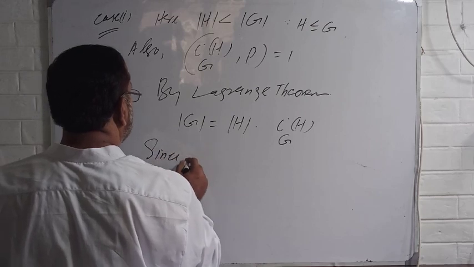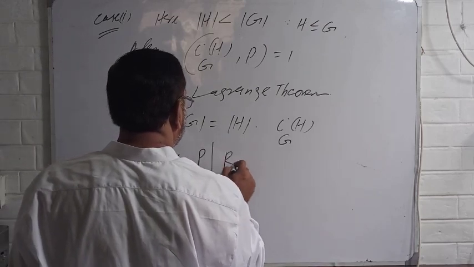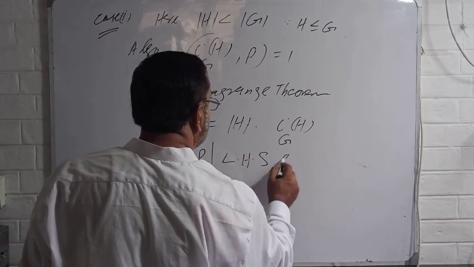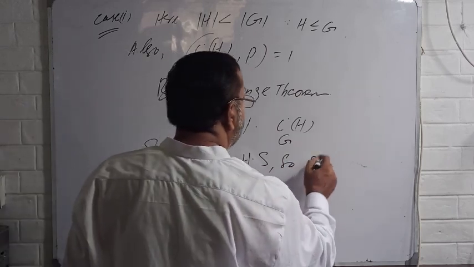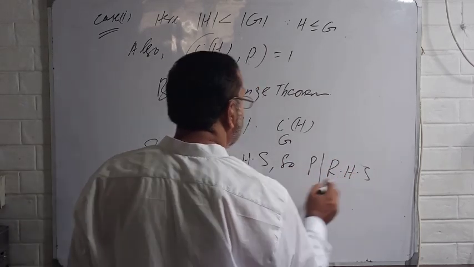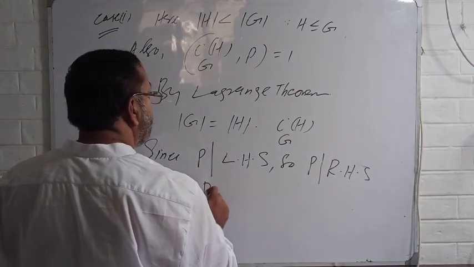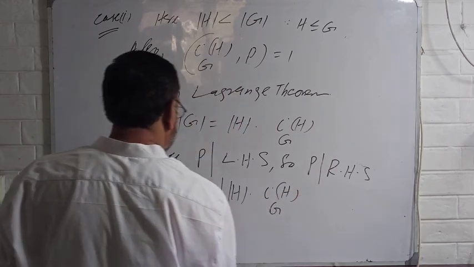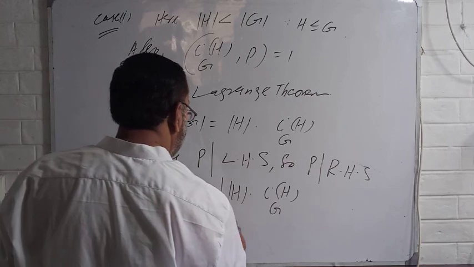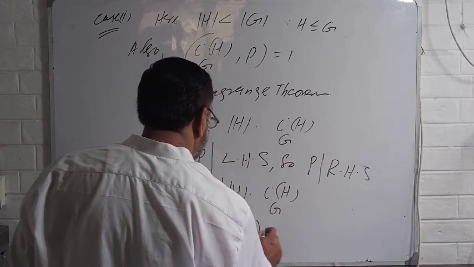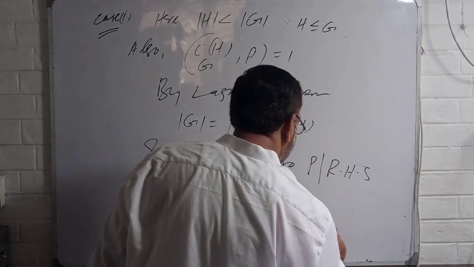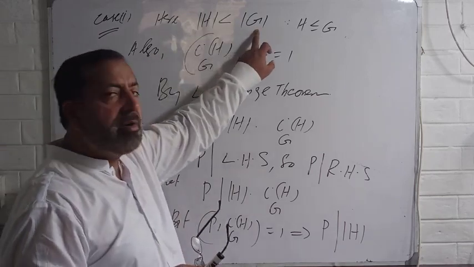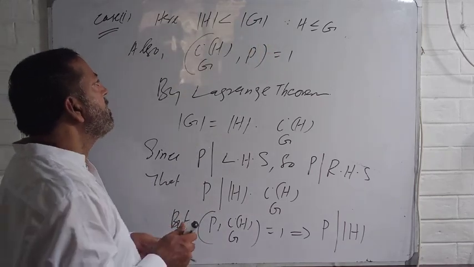Since P divides the left-hand side, P divides the right-hand side, that is P divides order of H times index of H in G, but P and index of H in G are relatively prime, so this implies P divides order of H. Now look, order of H is less than order of G, which was supposed to be n.